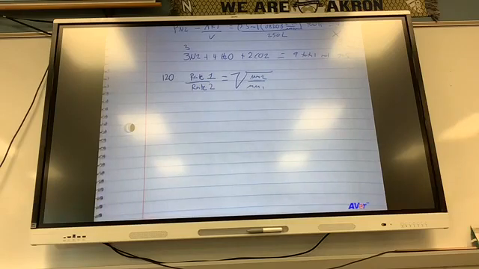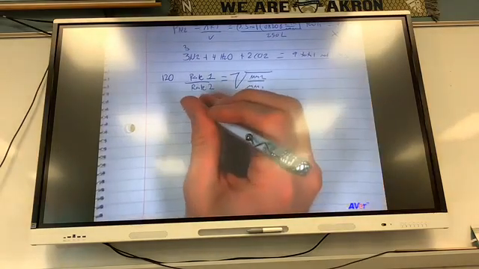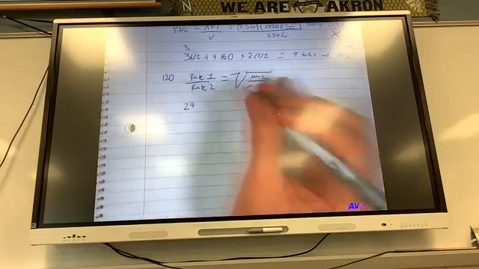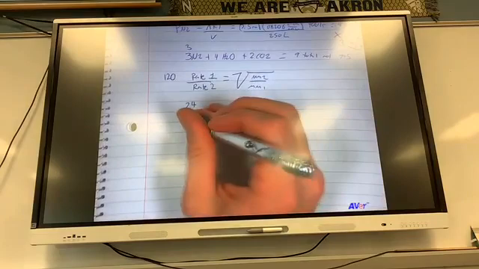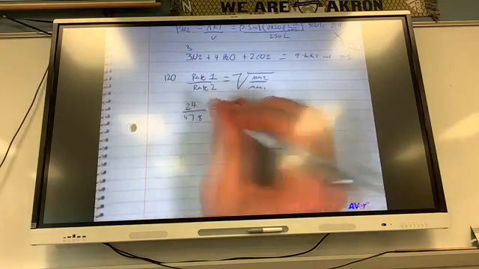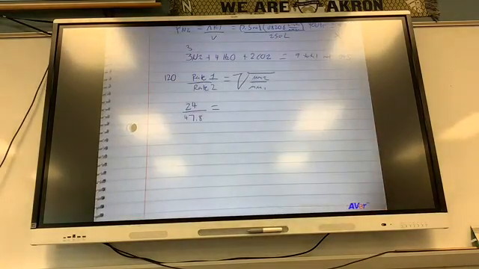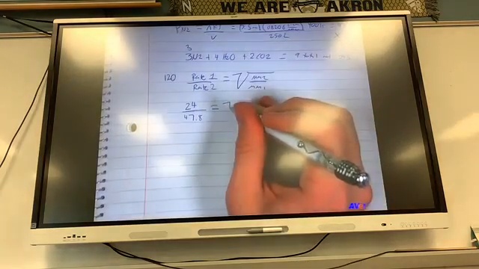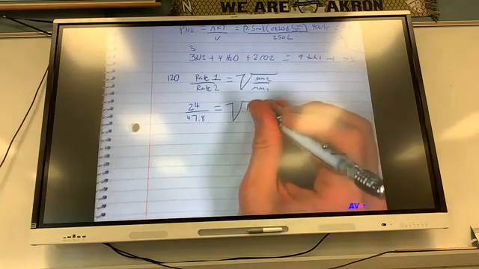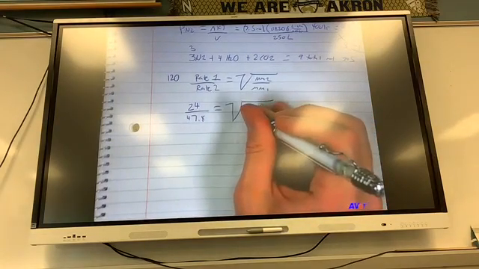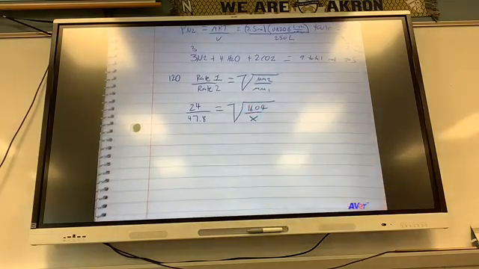So we have rate 1, which is what? 224. I don't even care about the units. Over 47.8 is equal to, on 120, the square root of 16.04 over x.